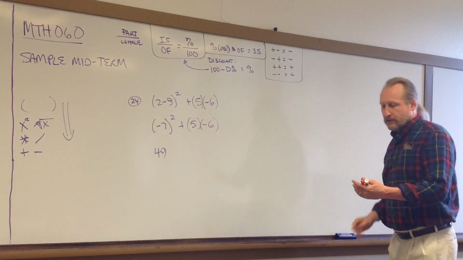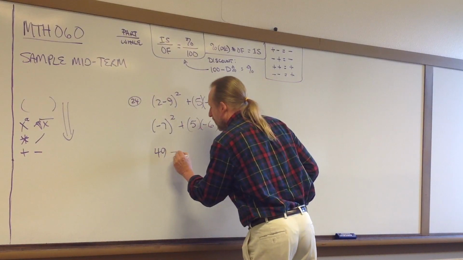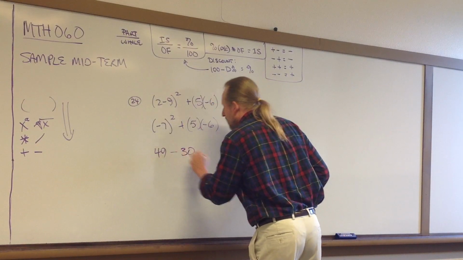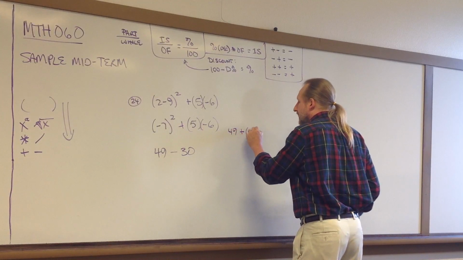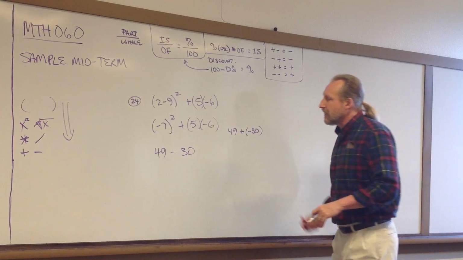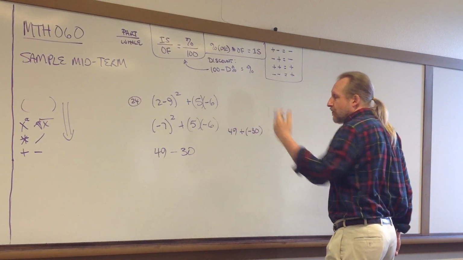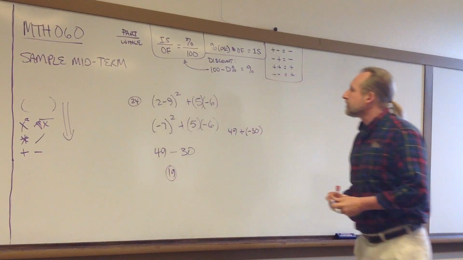So there's 49. 5 times negative 6 is negative 30. You can have an intermediate step where you say 49 plus negative 30, that's fine too. I'm just saving a little bit of time there. Then just do 49 minus 30, and that should give us 19.